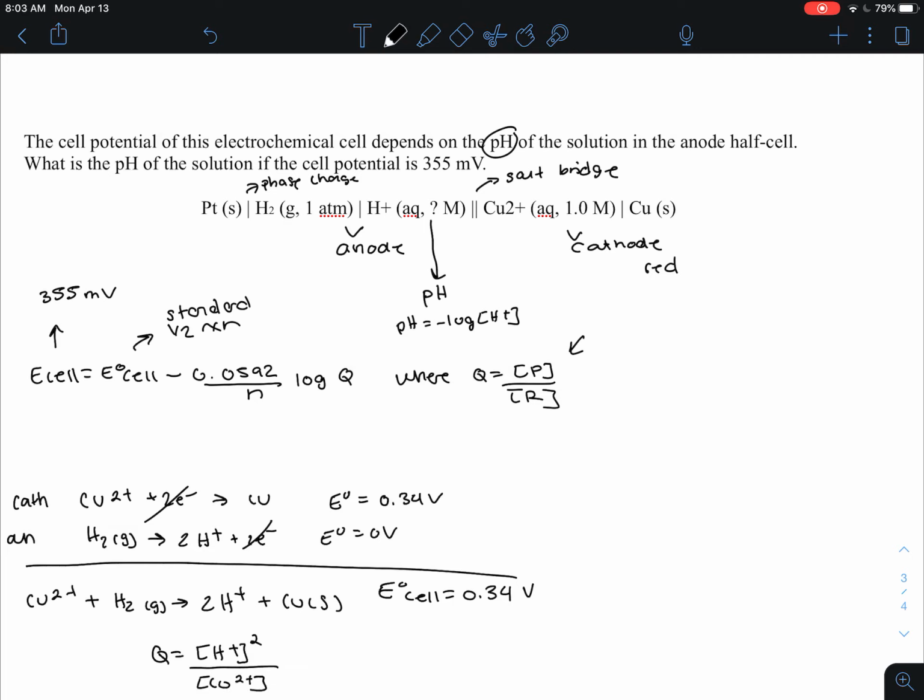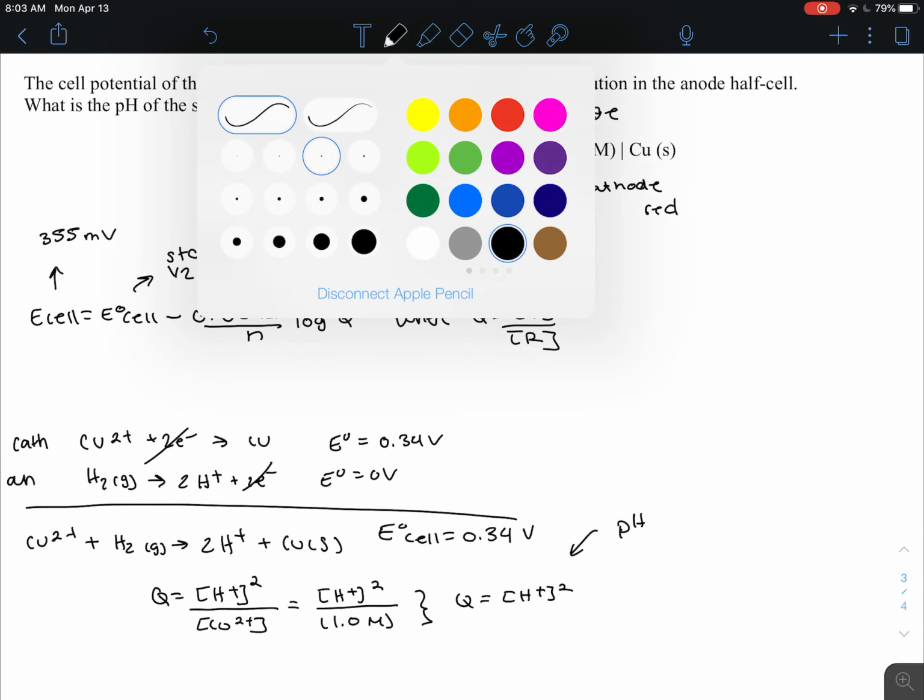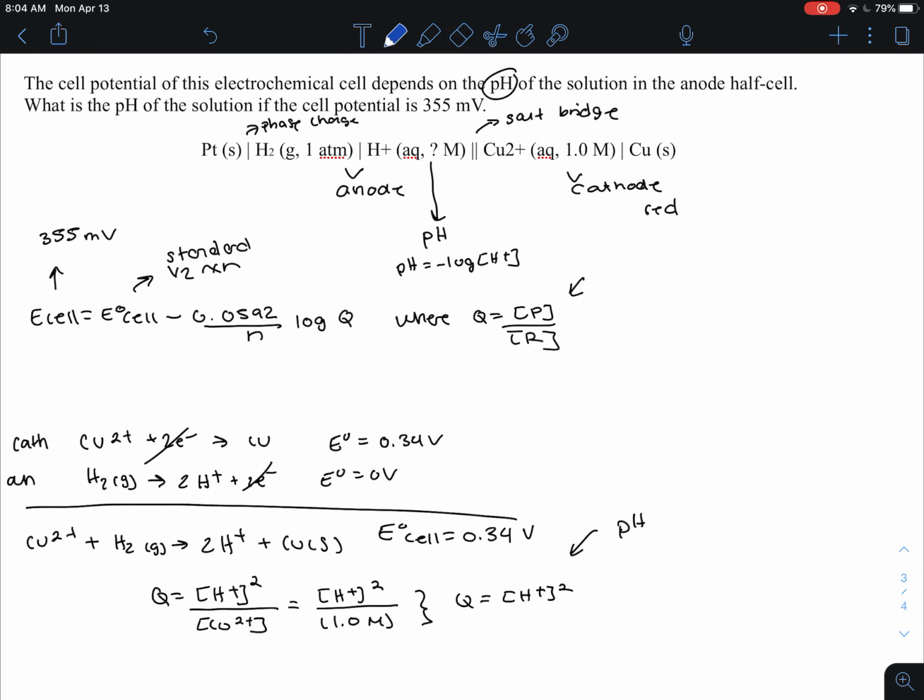And then I can see my Q will be my hydrogen ion concentration squared over my copper. Right? Well, I don't know my hydrogen, but what I do know is that my copper is 1.0 molar. So then this would just sum out to be that Q is equal to H plus squared. And then this is where I can get my pH from.